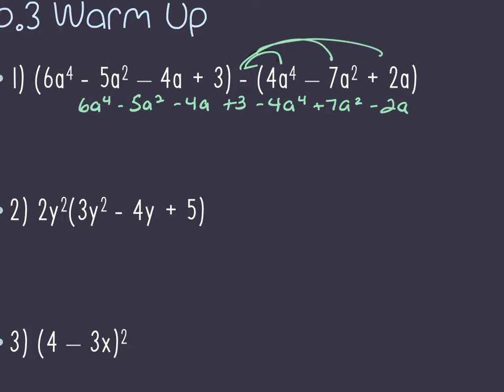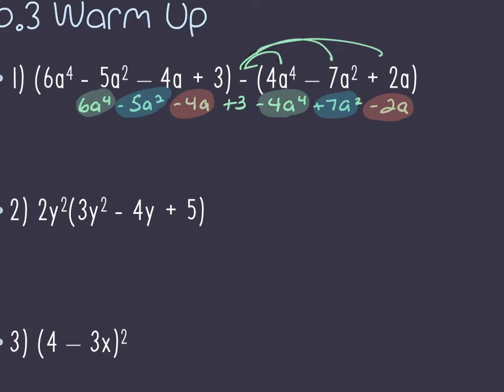Then we've got to distribute. We distributed the negative, then we've got to combine our like terms. So I'm going to identify all the a to the fourths, which is here and here, okay? I'm going to combine all my a to the seconds, which are here and here. Combine all the a to the first here and here, and then there's only one constant.